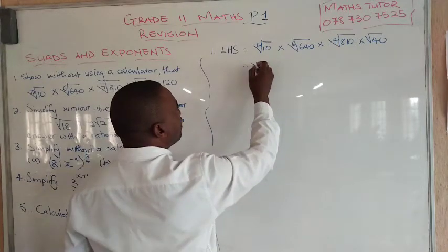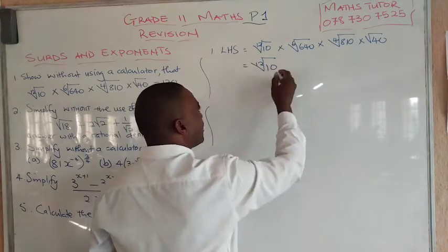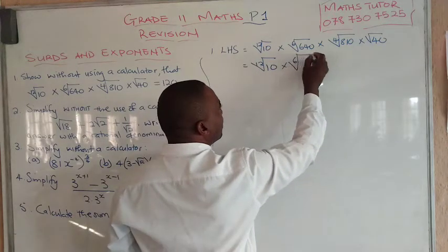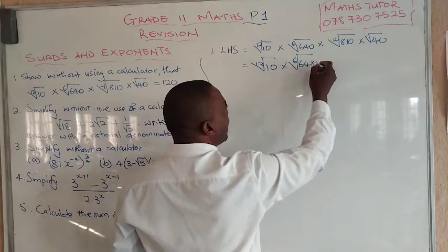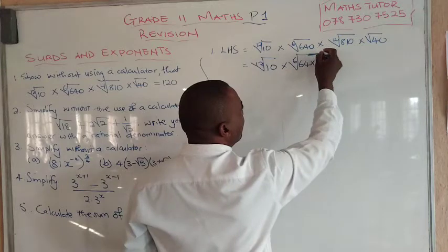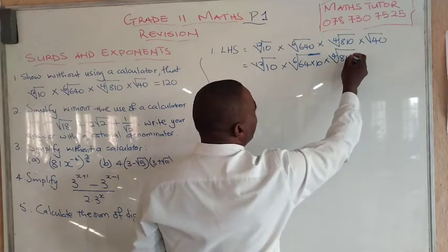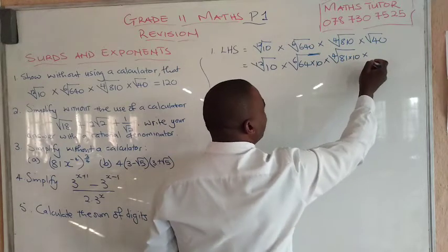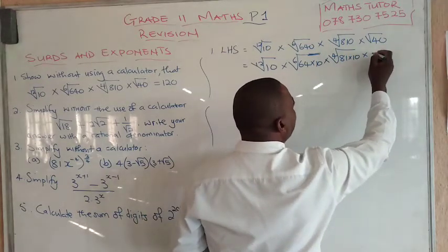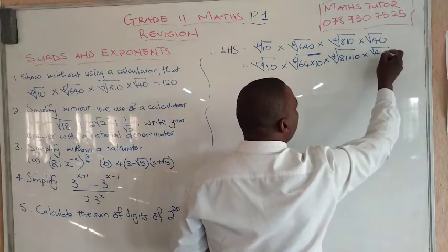So we have the 12th root of 10 times the 6th root of 64 times 10 times the 4th root of 81 times 10 times the square root of 4 times 10.